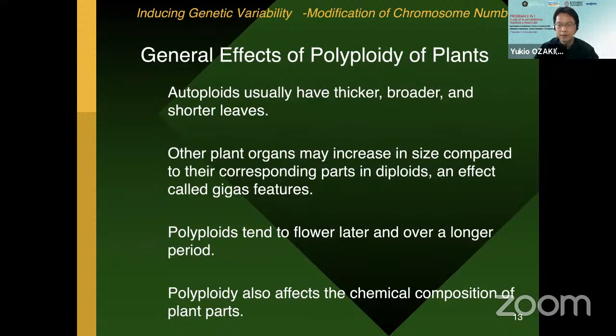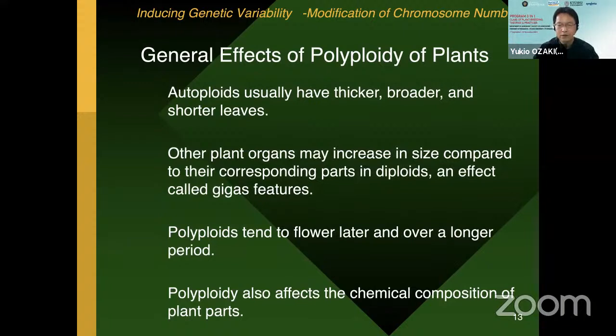Autoploids usually have thicker, broader, and shorter leaves. Other plant organs may increase in size compared to their corresponding part in diploids, an effect called gigas features. The gigas luxuriance contributes more to moisture content of the plant part than to biomass.